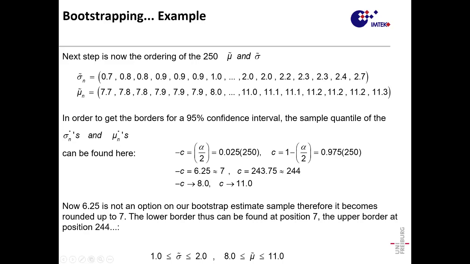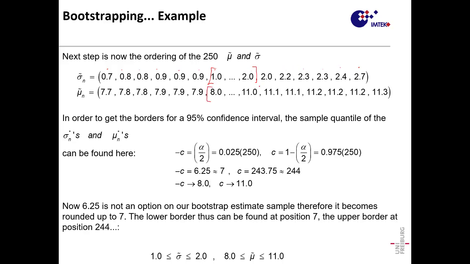So if you do that, then you can come to your set of data and you count. 1, 2, 3, 4, 5, 6, 7. This is your border. And then 250, 249, 248, 247, 246, 245, 244 is your other border. Okay?